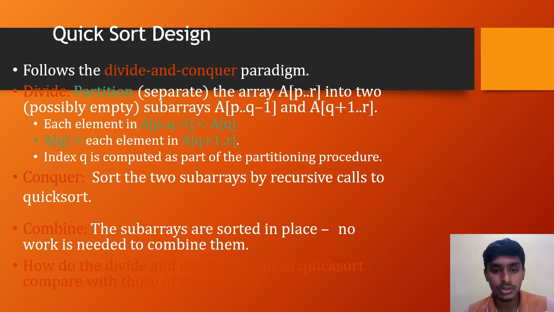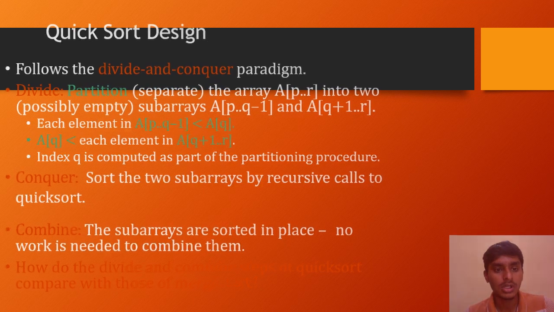Index q is computed as part of the partition procedure. Conquer: sort the two subarrays by recursive calls to quicksort. Combine: the subarrays are sorted in place, so no work is needed to combine them.